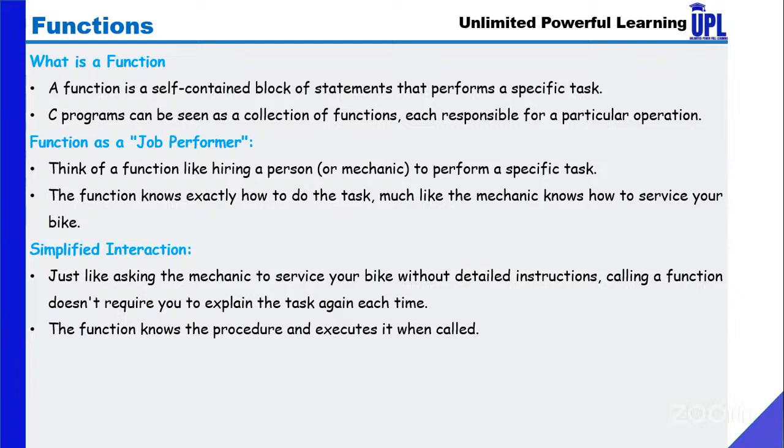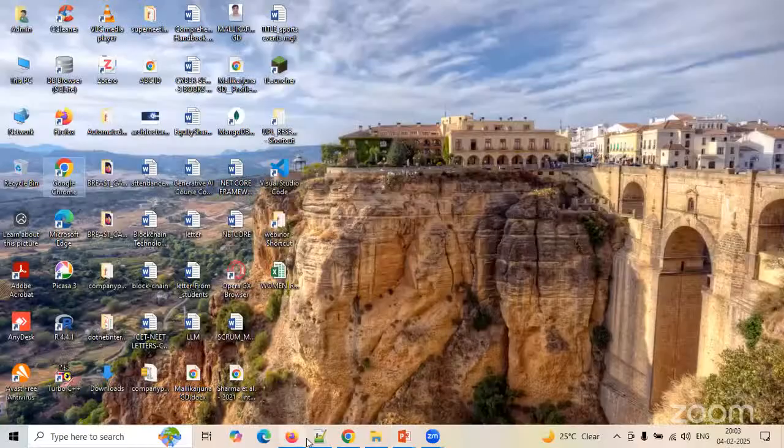And the next important topic we are looking into is functions. That means we are writing a small piece of work, and by using that we can avoid many repetitive tasks. Let me explain further.